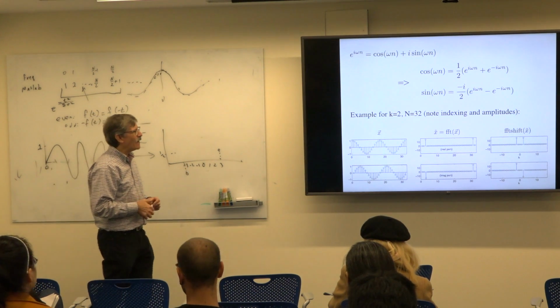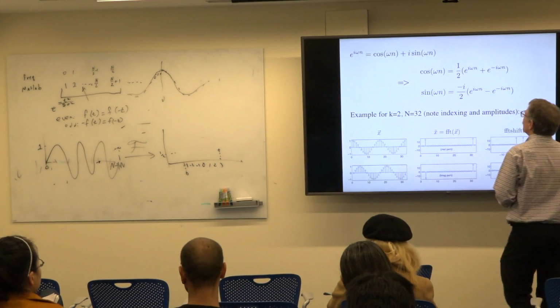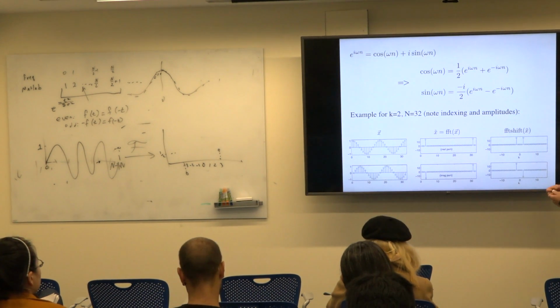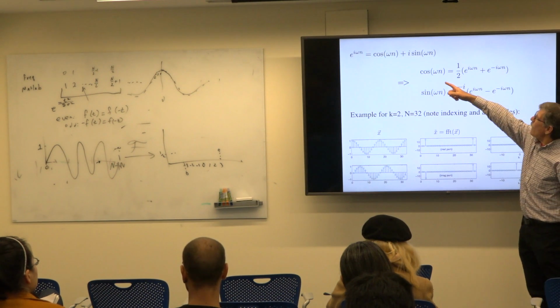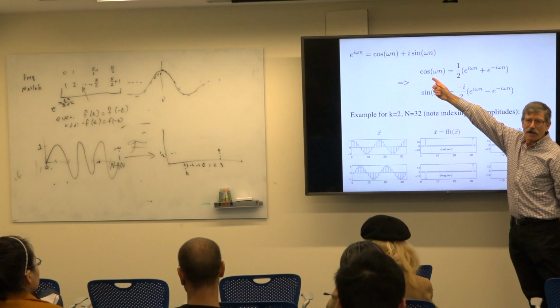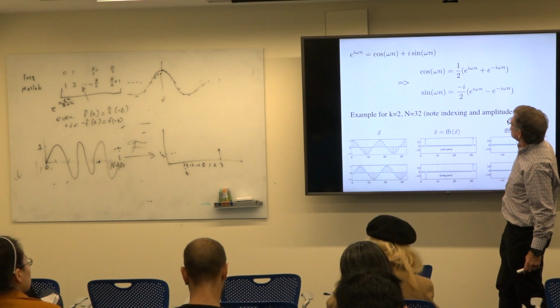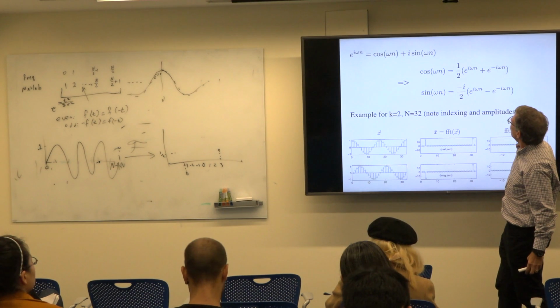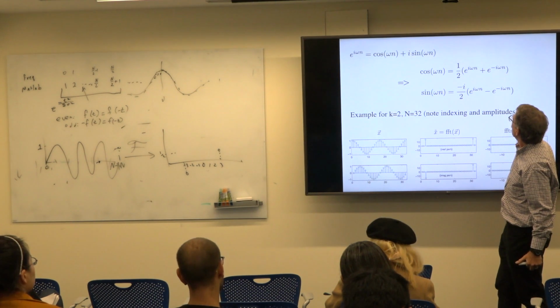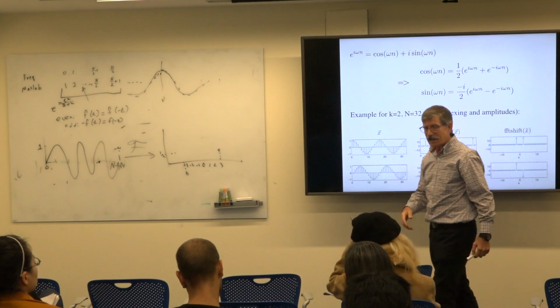I'm asserting that, but now let's say y. I want this spectrum to give me back my signal. So let's see, what's going on here? Okay, so suppose my signal is the cosine, which I did just a second ago.